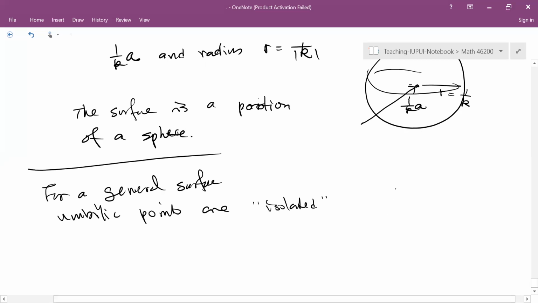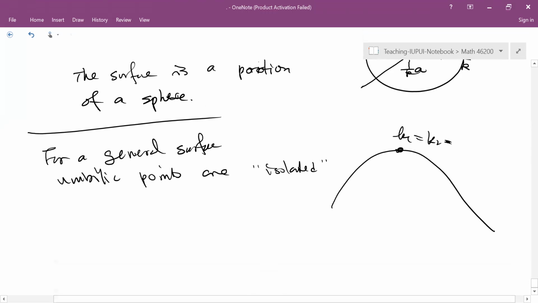Like a surface like that, maybe only one point, and at that particular point maybe they're equal. There are not so many umbilical points there.